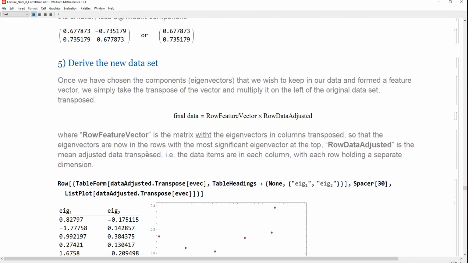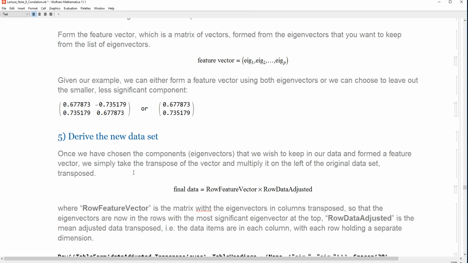But one of the main applications of principal component analysis is this: imagine that we have not 2 dimensions but 5 or 10. Then we get a 10 times 10 covariance matrix, 10 eigenvectors, 10 eigenvalues, and so on.